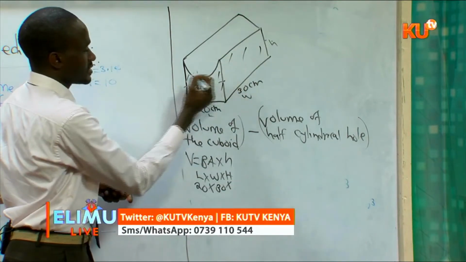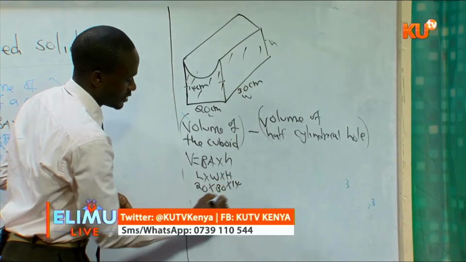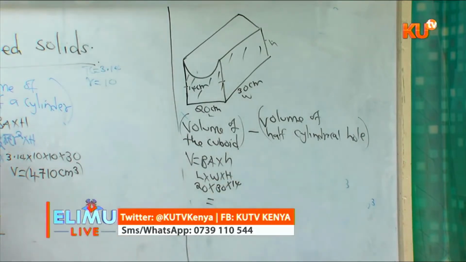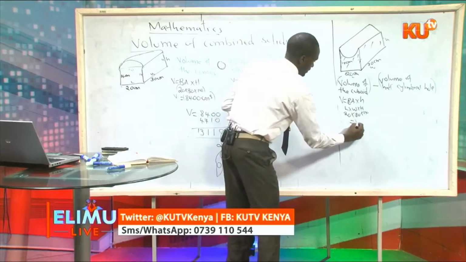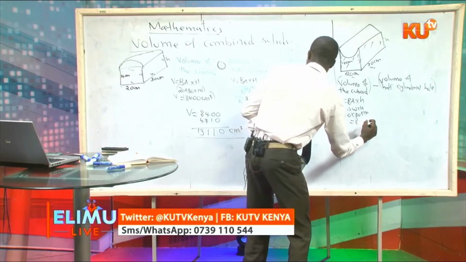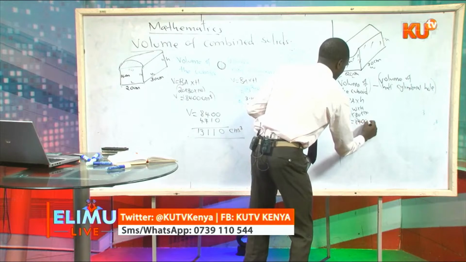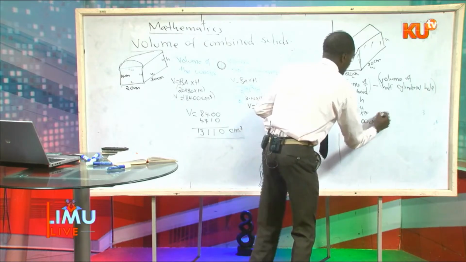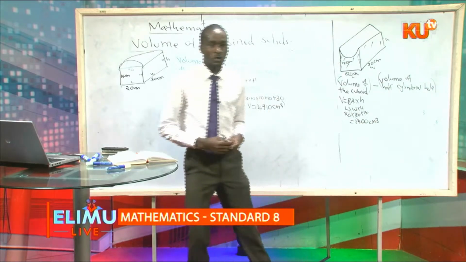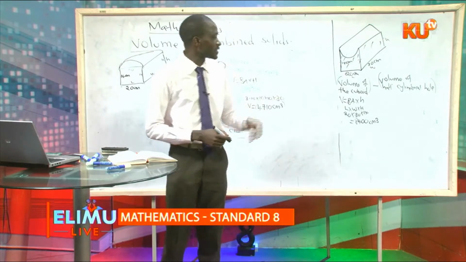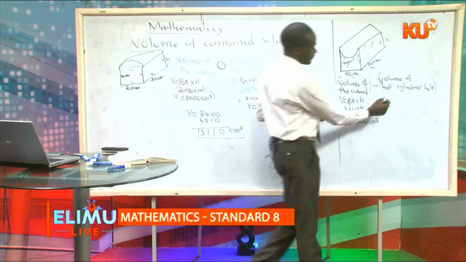Because this is the same as this and the same as this one is 14. That will give us the same figure here, which is 8,400 cubic centimeter.